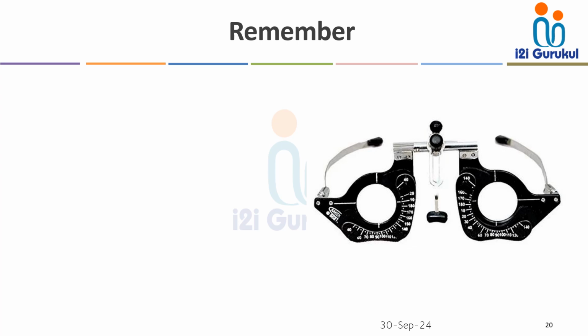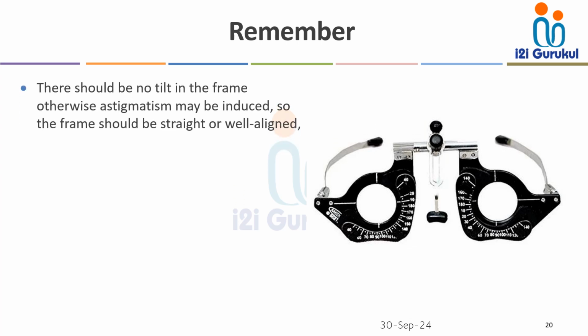Friends, before proceeding with the refraction or visual acuity recording process, you need to remember a few points regarding the trial frames. The first one is there should be no tilt in the trial frame, otherwise astigmatism may be induced. So the trial frame should be straight and well aligned.